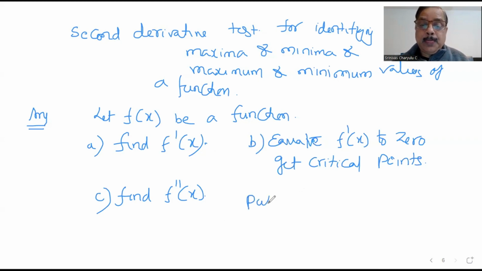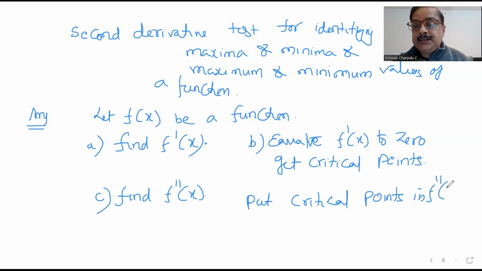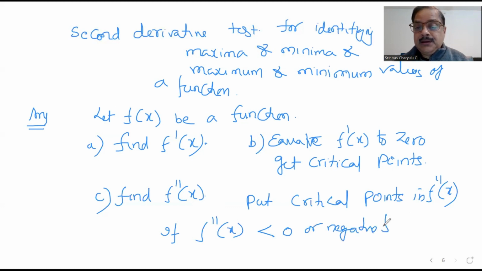Then put critical points in f double dash x. If f double dash x is negative, or less than 0, f of x has maxima.